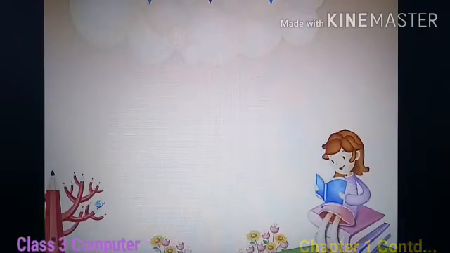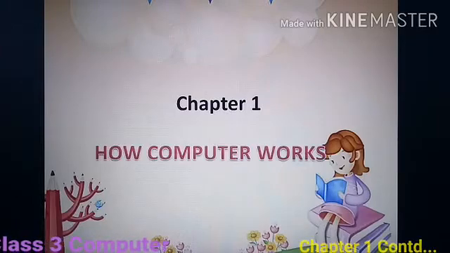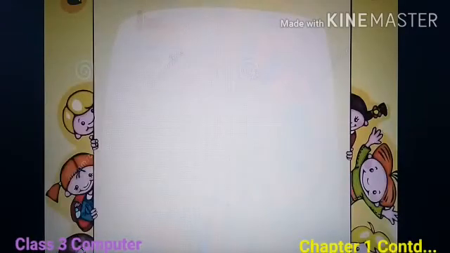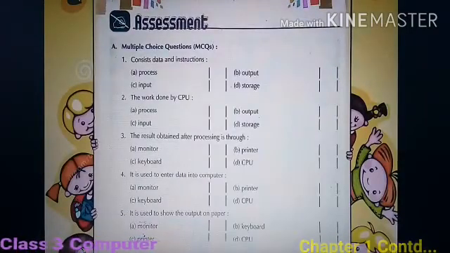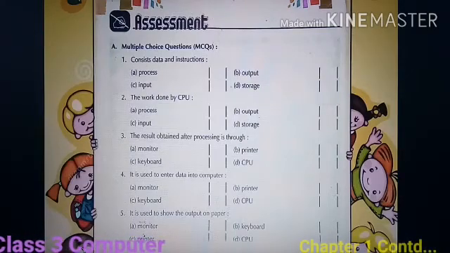Dear students, now we are going to discuss the assessments in our first chapter, how computer works. The first assessment in our chapter is multiple choice questions.